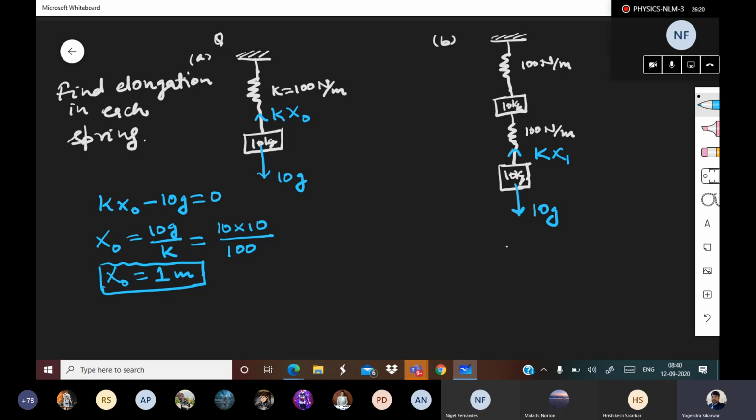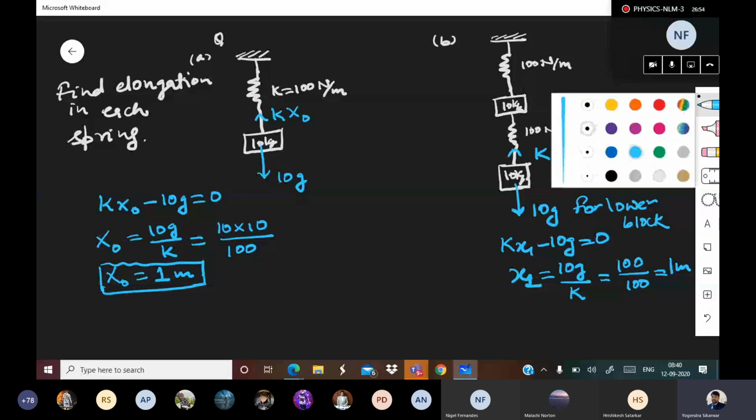So Kx1 minus mg is equal to 0. x1 is equal to mg upon K, which is 100 upon 100, equal to 1 meter. Now this was for the lower block.